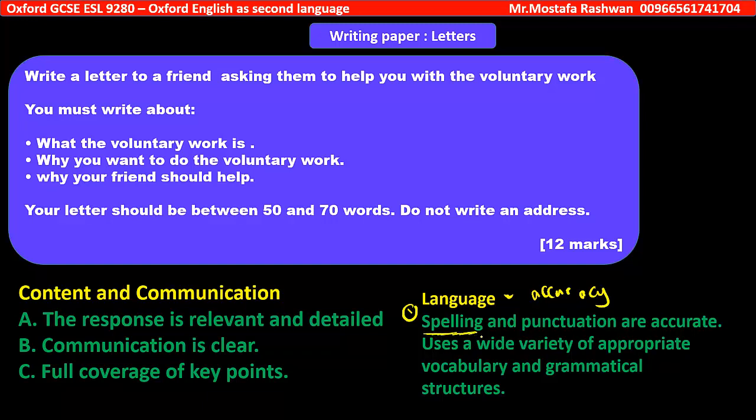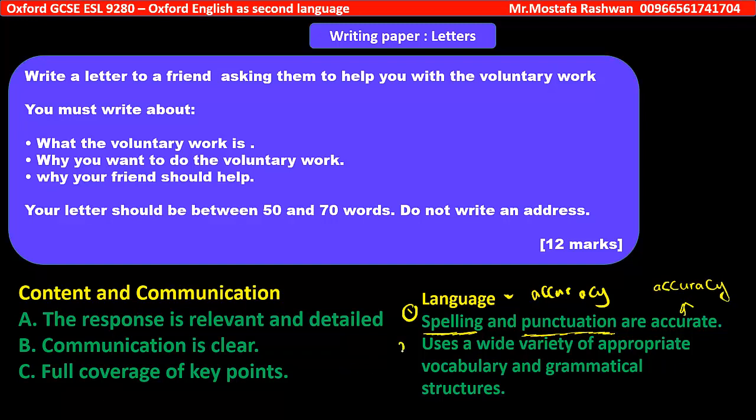Accuracy means your spelling is perfect. There is only minor errors in spelling. Your punctuation is also perfect. Both must be what? Accurate. We agreed in the language you are evaluated based on what here? Based on accuracy.